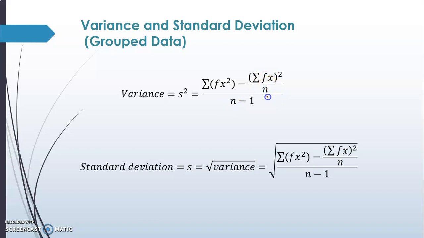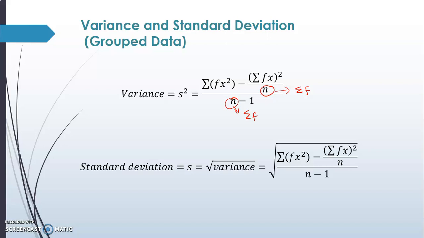Here n refers to the total frequency, or the number of observations. And for group data we have the f and x. F is the frequency while x is the midpoint for every class interval.